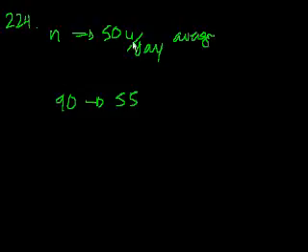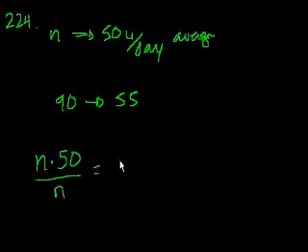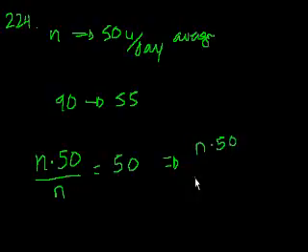Okay, so the old average would have been n times 50 divided by n, is equal to 50. Now, if I want to average in this 55, I get n times 50, that's the sum of the total production for the n days before.